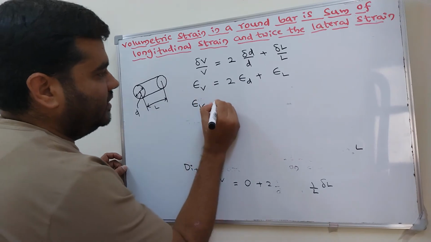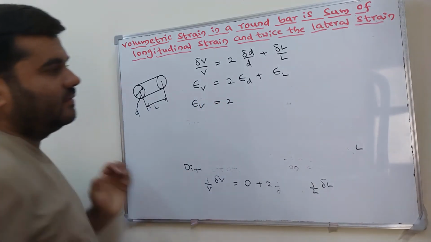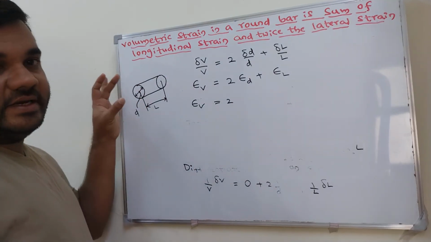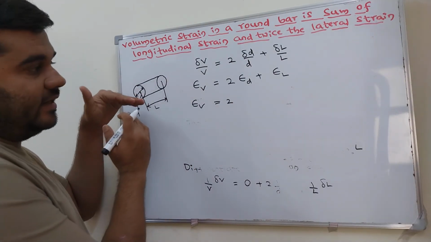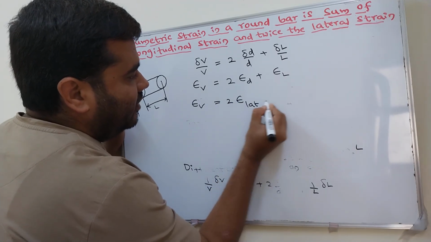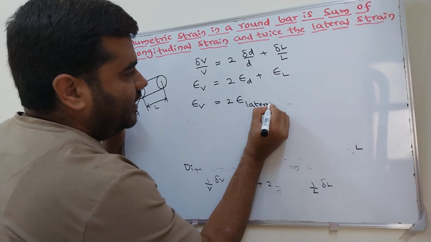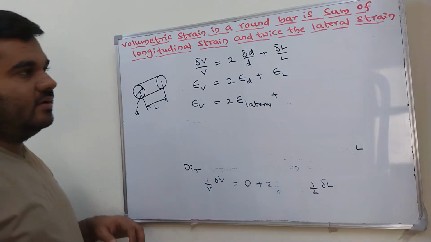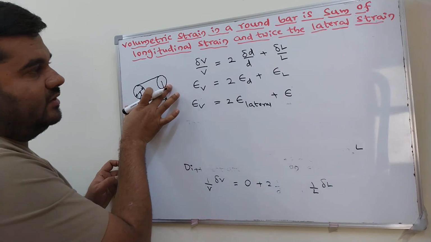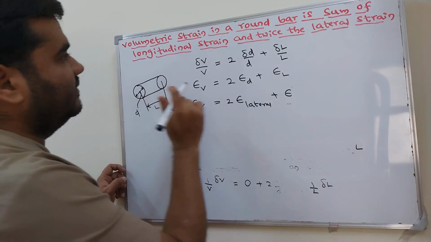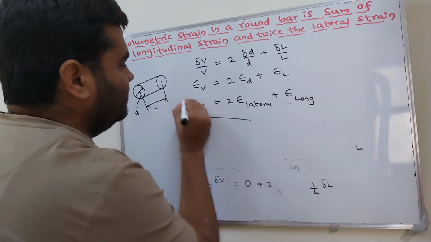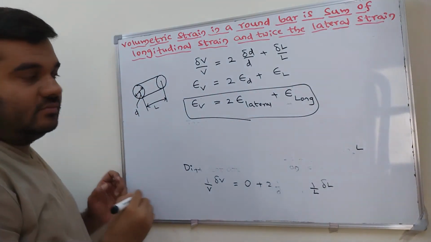The strain in diameter is the lateral strain because it is along the lateral direction. So I change this to strain along the lateral direction, plus the strain along the length, that is, the longitudinal direction. This is how the equation looks.